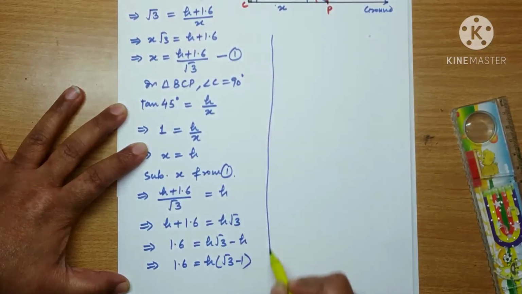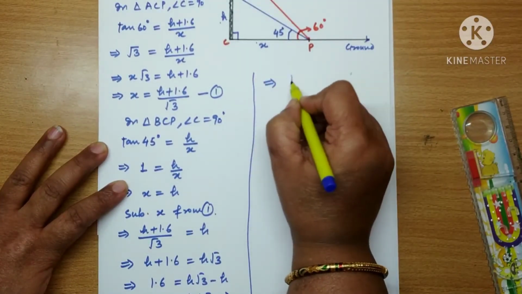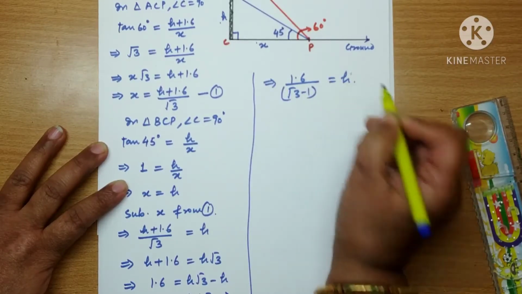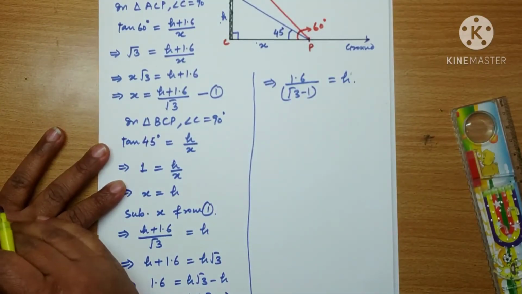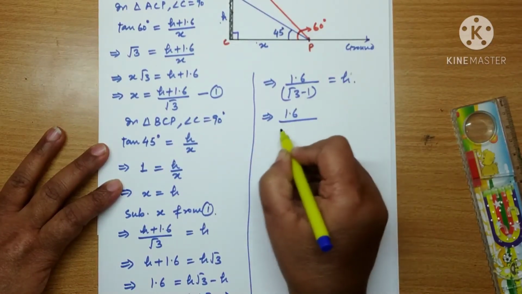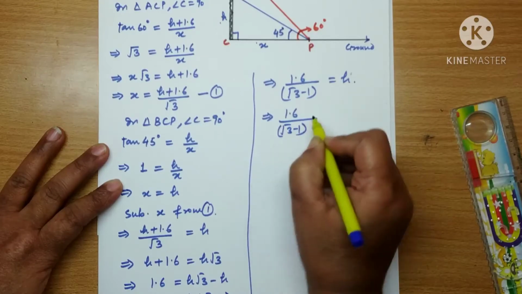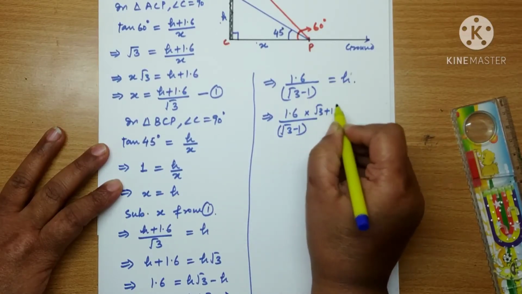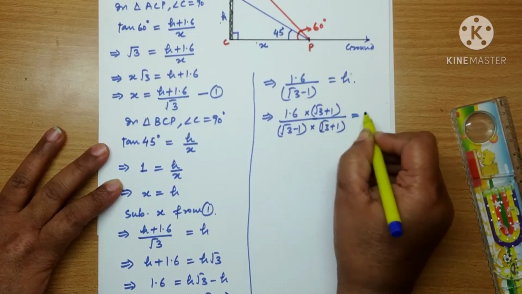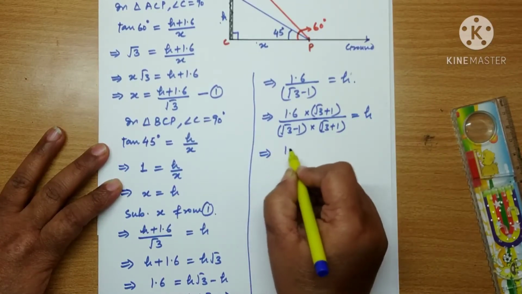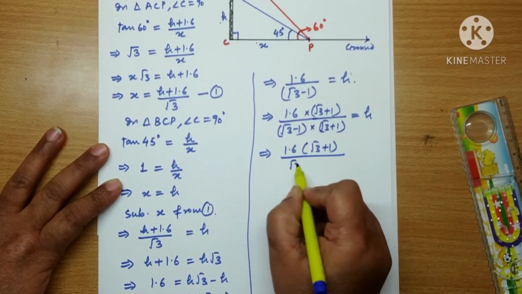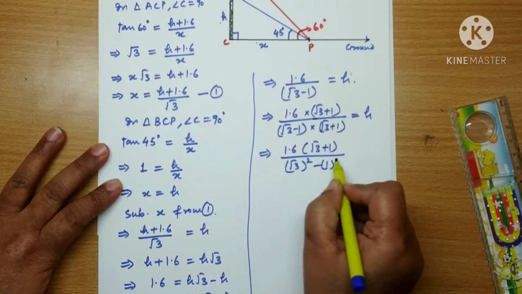Now children, let's move on. So obviously 1.6 by root 3 minus 1 is our height of the pedestal. But we do not leave the answer in the irrational form, so we'll have to rationalize it. The rationalizing factor of root 3 minus 1 will be root 3 plus 1. So multiplying by the rationalizing factor here, I get the value of h as 1.6 into root 3 plus 1 by the denominator, root 3 square minus 1 square.